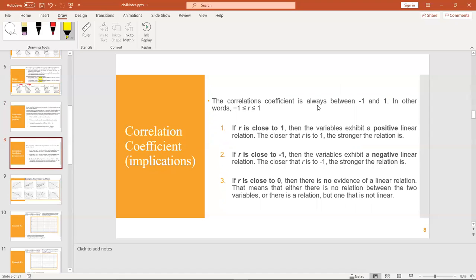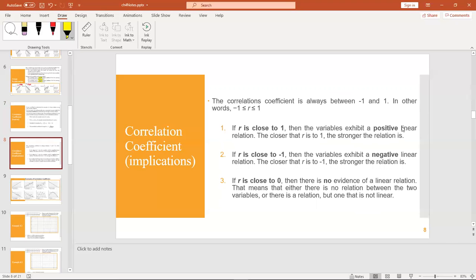All right, so the correlation coefficient, the implications here. Based on the way it's calculated, the correlation coefficient is always going to be between -1 and +1. If the value is really close to 1, like 0.95 or 0.89, that is going to be a strong relationship.